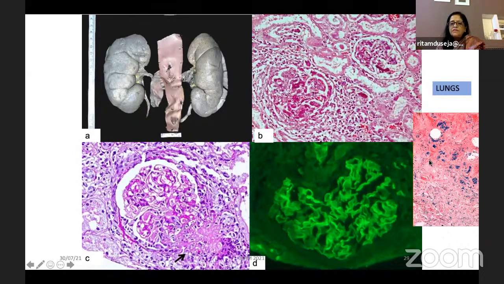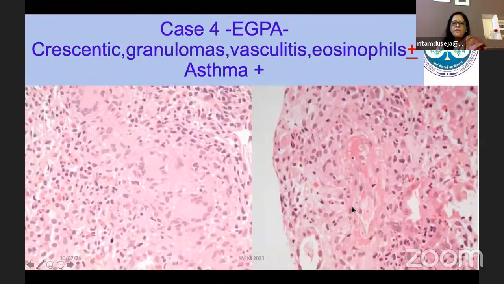And in such cases, even lungs will show fresh hemorrhages and there could be a flea-bitten kidney. So presence of vasculitis only at the afferent is not equivalent to having an arteritis in the interstitium. Such a situation is more likely to be anti-GBM rather than GPA.